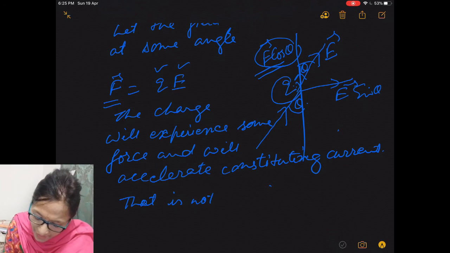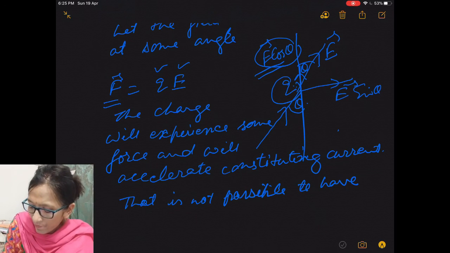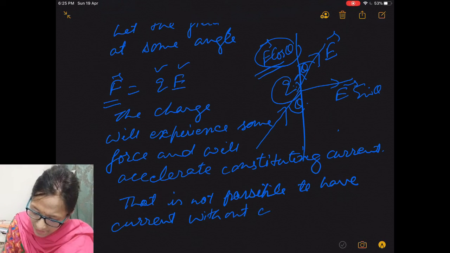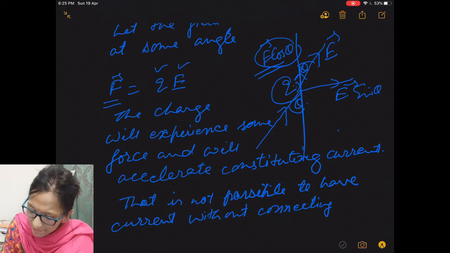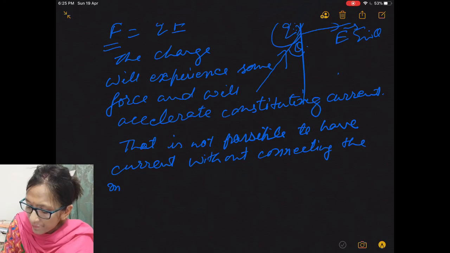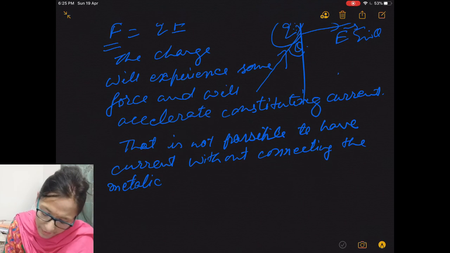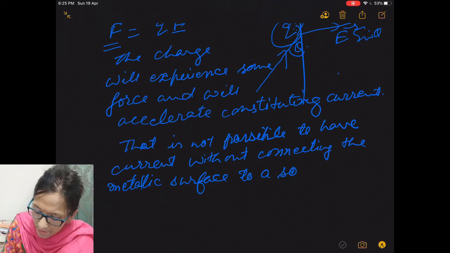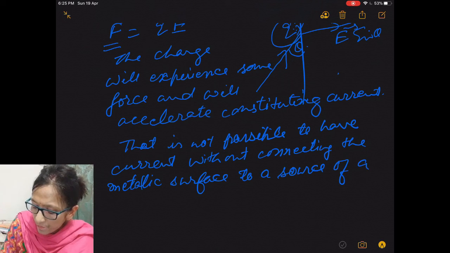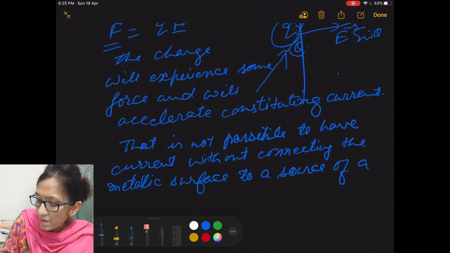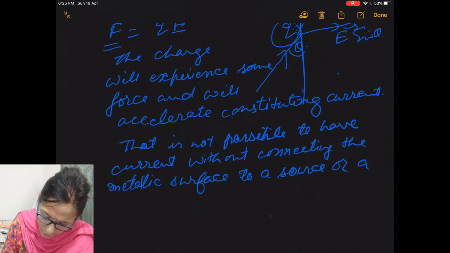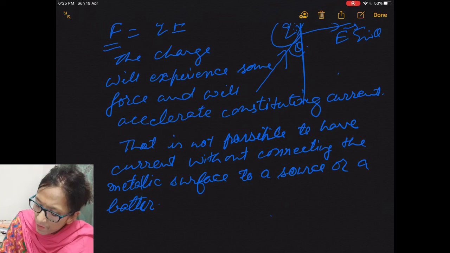So, it is not possible to have current without connecting the metallic surface to a source or a battery.